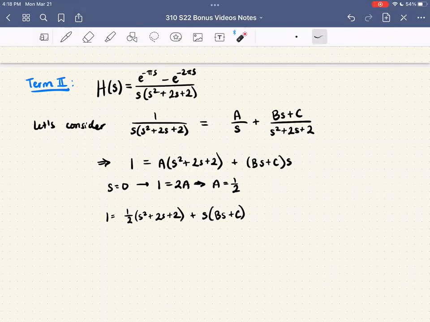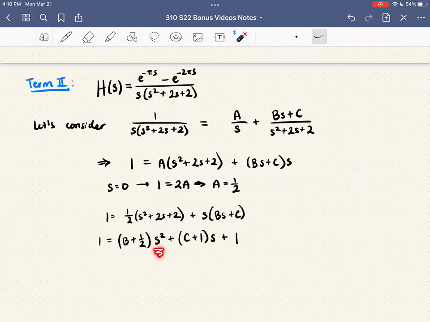We're just going to combine like terms in s and then equate coefficients on powers of s. So I have 1 is equal to, the terms that involve s squared are going to be B plus 1/2 times s squared, plus the terms that involve s are going to be C plus 1 times s. And then the constant terms are just going to be 1.